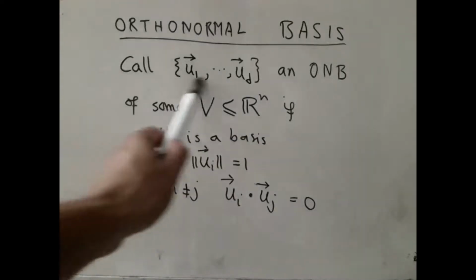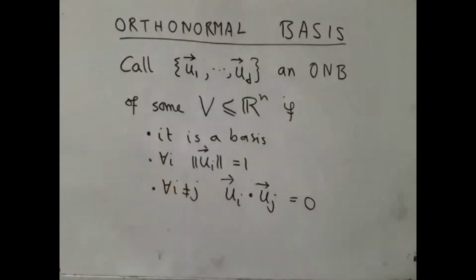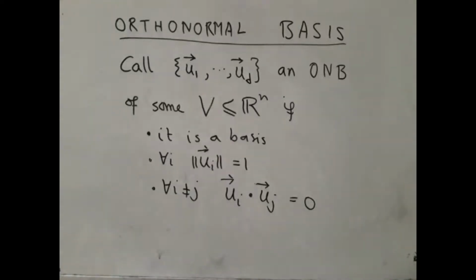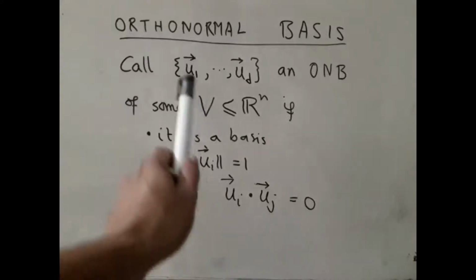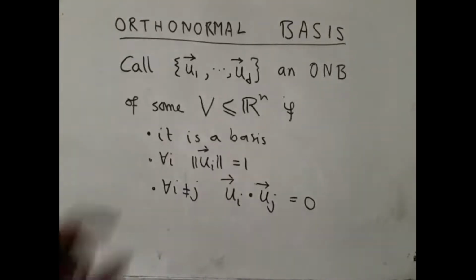Number one, it has to be a basis, so every vector can be expressed uniquely as a linear combination of these ui's. Then each of them must be of length 1. And if you take any two vectors in this list, not the same thing twice, i not equal to j, then their dot product will be equal to 0. That is, their length is 1 and they are mutually perpendicular.